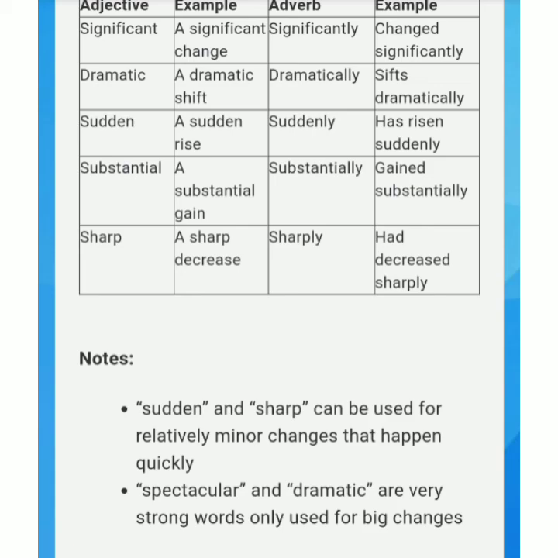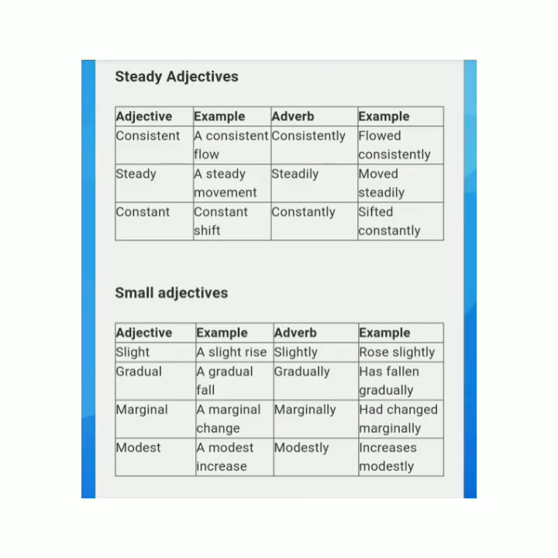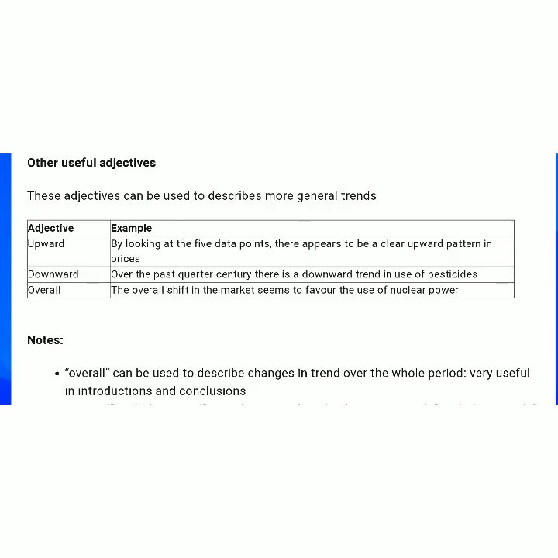Spectacular and dramatic are for major changes. Likewise, there are many more examples of this. Please go through this table and use them in your bar graph. There are some other useful adjectives like upward, downward, overall. Overall can be used to describe changes in trend over the whole period and is very useful in introductions and conclusions.